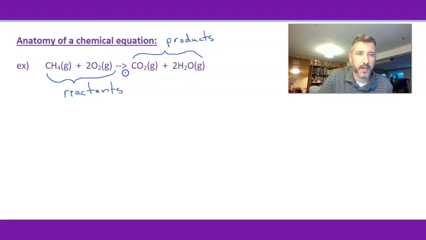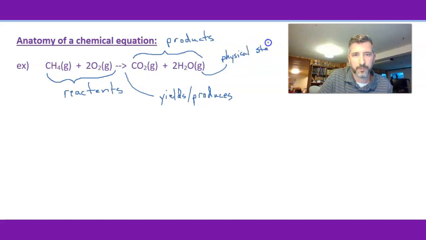And then when you see the arrow, the way you read that is either yields or you would say produces. And then the final part here is the G, which in this case, stands for gas. That's your physical state.